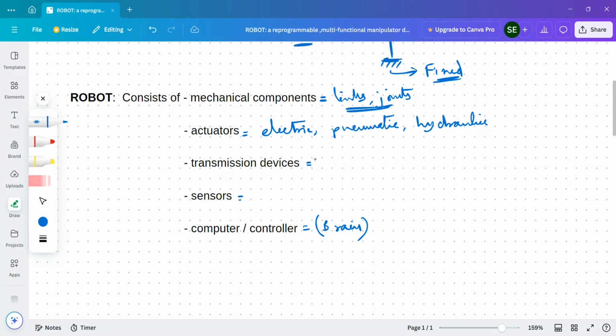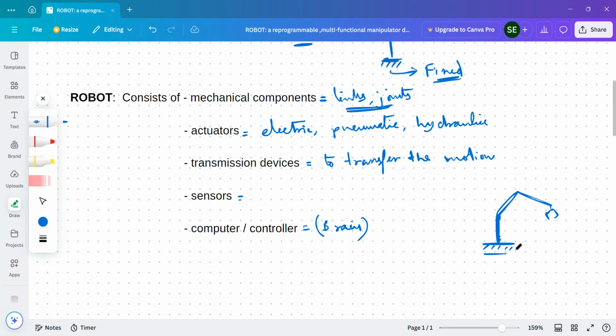And what are the transmission devices? They are mainly used to transfer the motion. Imagine this is a robot. This is the ground I have drawn, this is the first link attached to the base, this is the second link, and this is the third link.